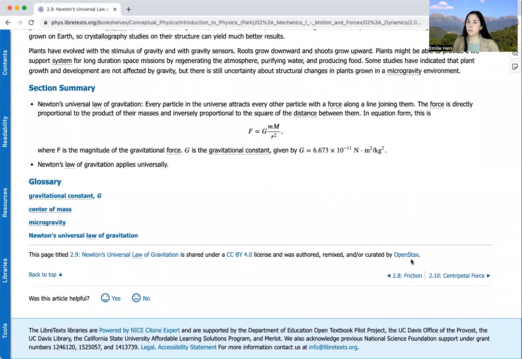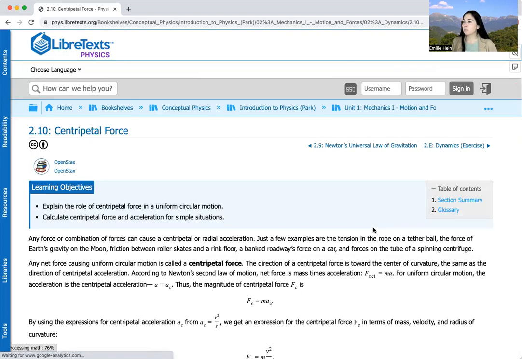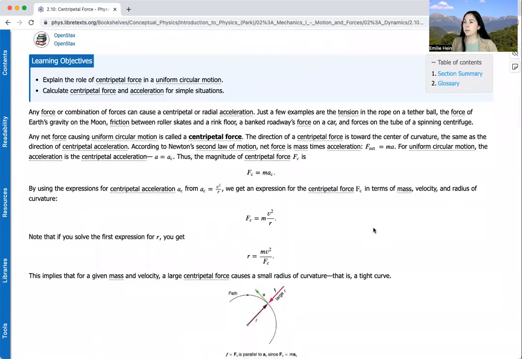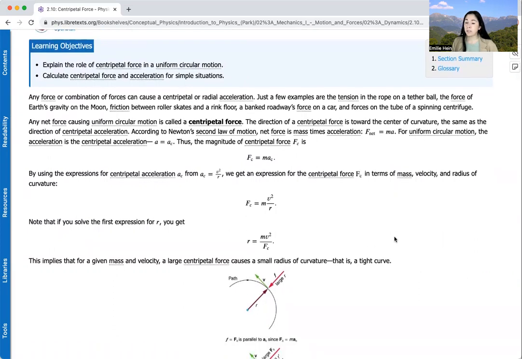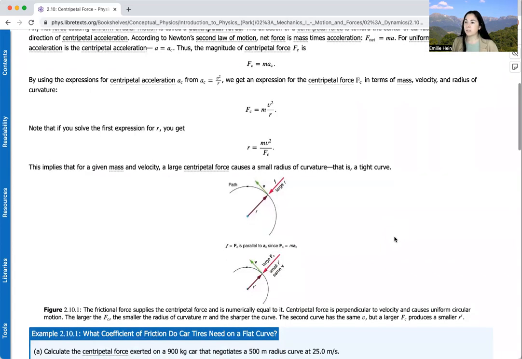So we're going from the very small, when we're looking at friction, to the very big. And then you can see we're back to centripetal force. So we had talked about this before in the previous chapter, but we're going a little bit deeper. We had talked about centripetal acceleration or circular motion, and then we can figure out, okay, what is the force responsible for this? This is going to depend on the scenario.